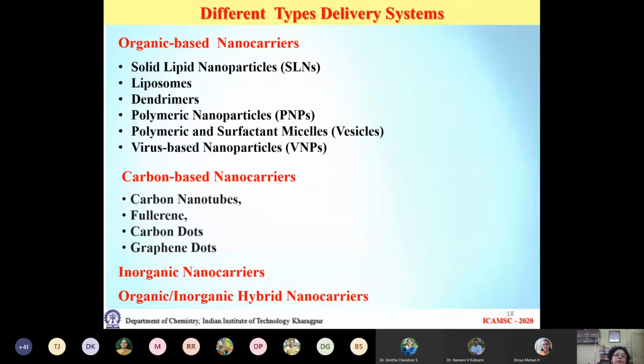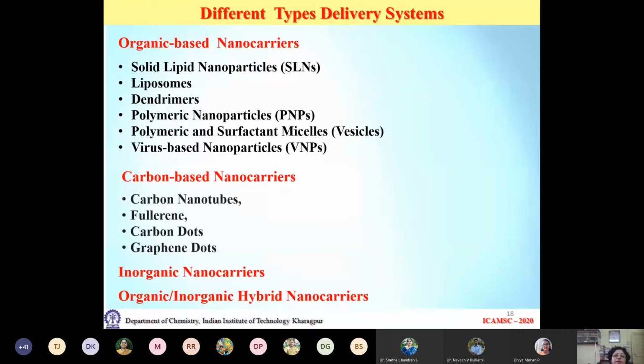So whenever I'm talking about inorganic nanostructure based delivery systems, I'm actually talking about a hybrid system. An inorganic nano delivery system is hardly of much importance, because you need to coat the material, carry the material. If you have an interface of organic and inorganic material, then you have the best possible carriers.